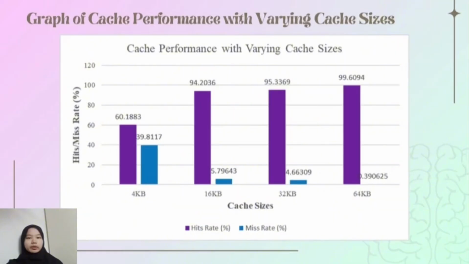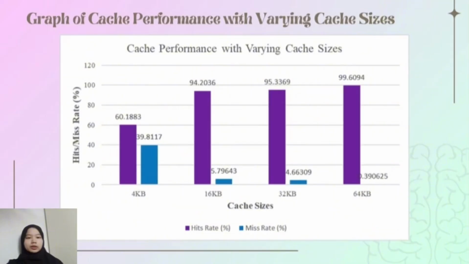It is due to direct mapping, which only allows each memory block to go to one specific cache line. So, when the cache is small, many blocks compete for the same spot, causing more conflicts and misses. But when the cache is larger, there is more space, fewer conflicts, and more data fits inside. This leads to a higher hit rate.